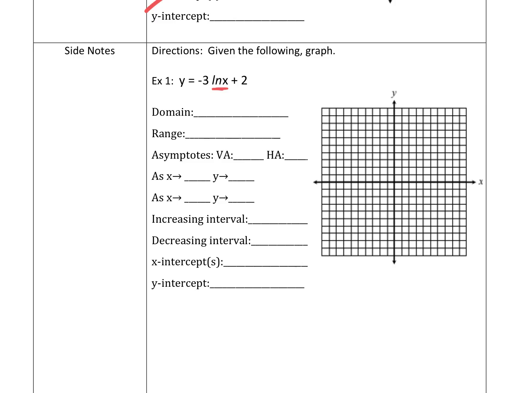Okay, let's graph this. What do we think for the asymptote? 0, good. Domain is what? Oh, sorry, let's graph it first. Give me some points. 1, 2.